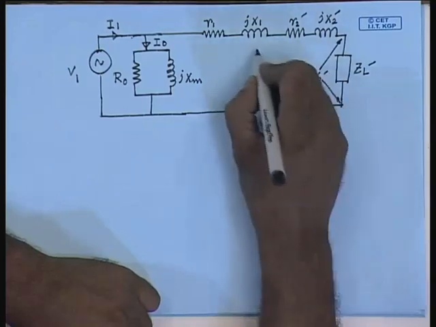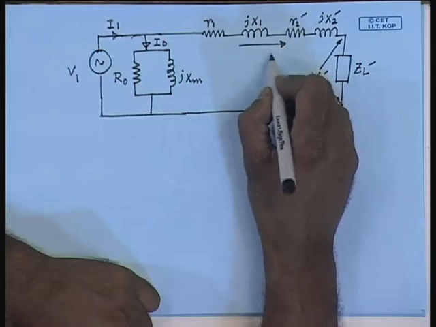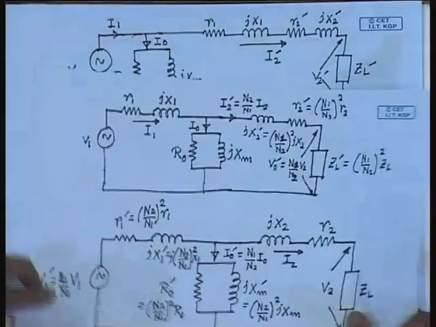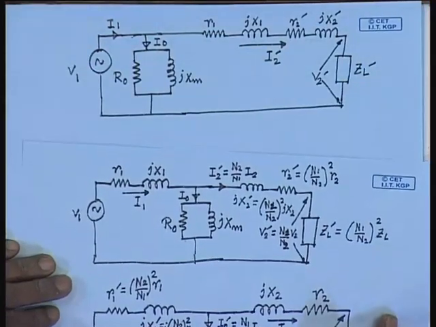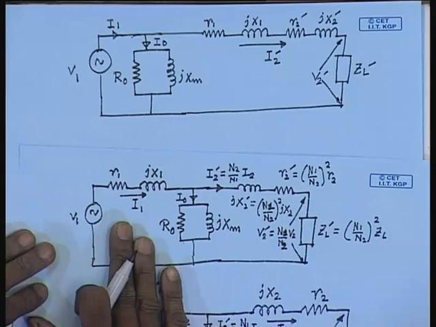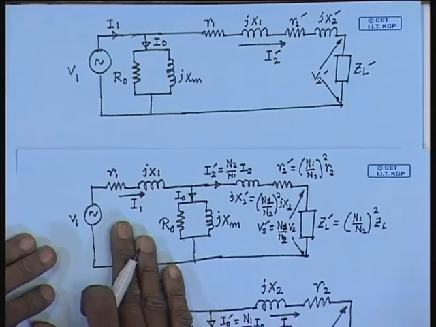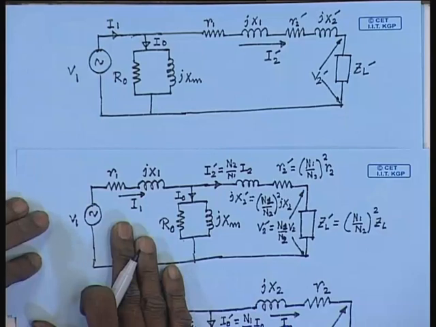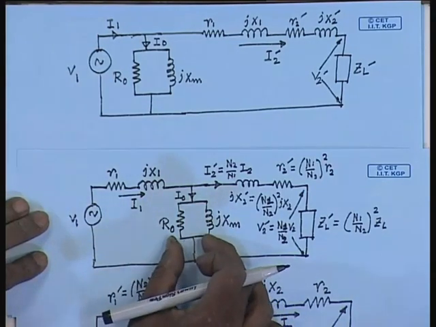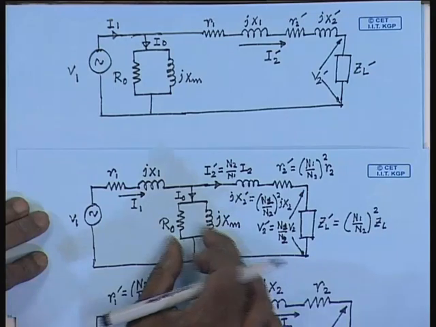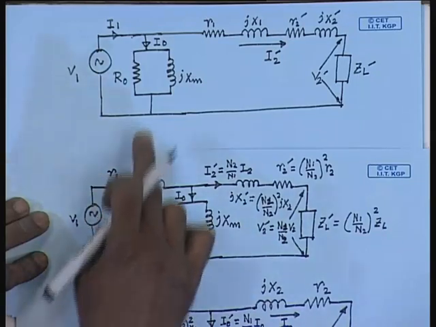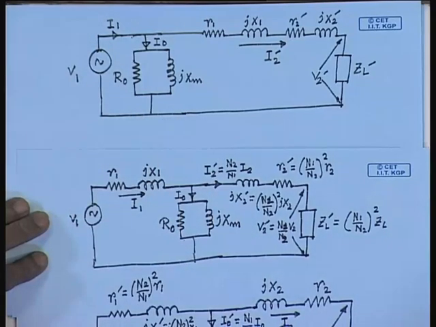V2 dash, load current I2 dash. Please note, this was the exact equivalent circuit. In order to get the approximate equivalent circuit, what I have done, I have simply shifted this magnetization branch from this middle point to the beginning, that is right across the source, to get the approximate equivalent circuit.